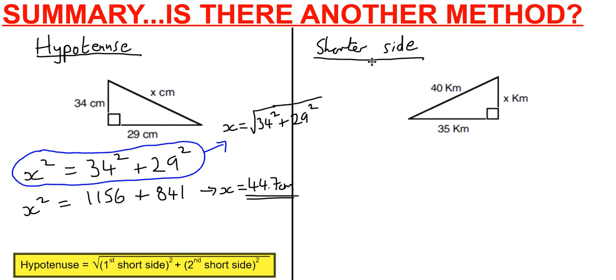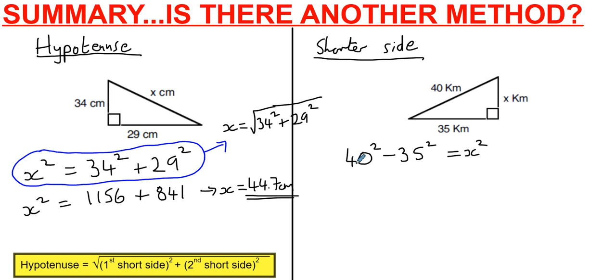And in a similar way, if you're working out this shorter side here, so going back to the basics, to work out the shorter side, it's the hypotenuse squared minus the short side you do know squared. It's the big square minus the smaller square equals the smaller square you're trying to find out.